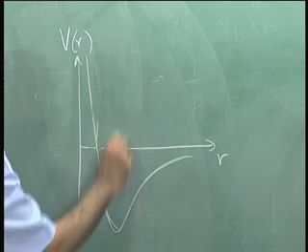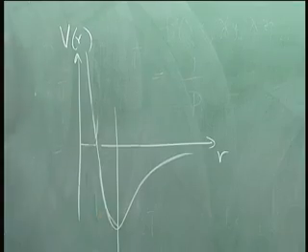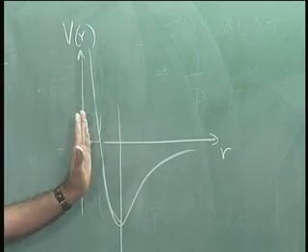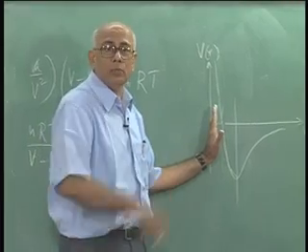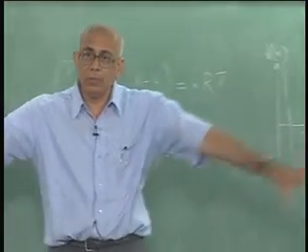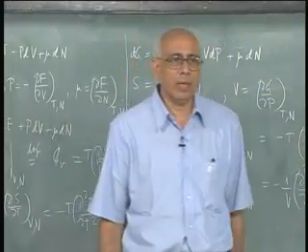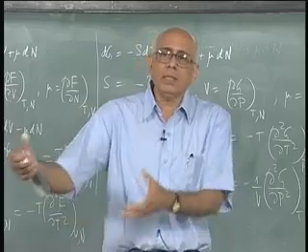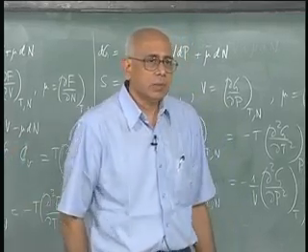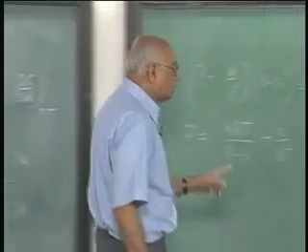So till the minimum dV over dr here is negative, so minus dV over dr is positive, in other words particles are pushed away. So it is hardcore repulsion of some kind at short distances, and at long distances there is an attraction. So that is the origin of this intermolecular potential.